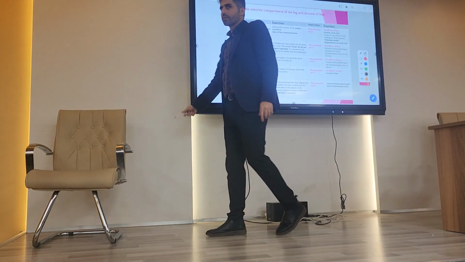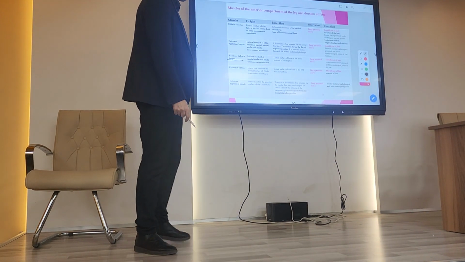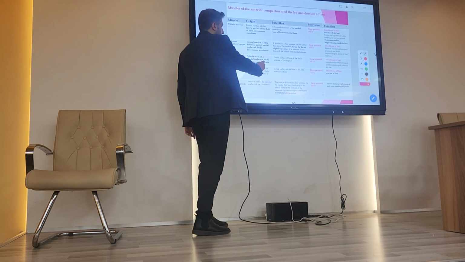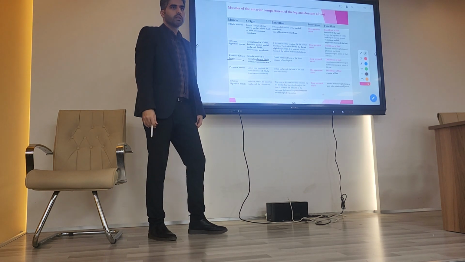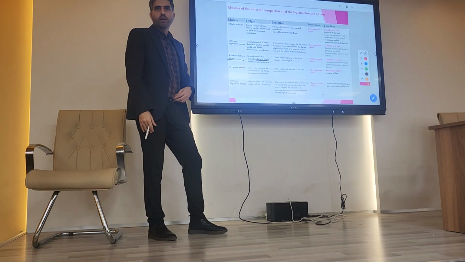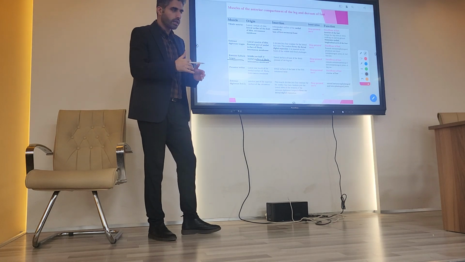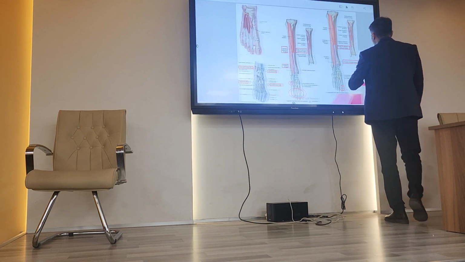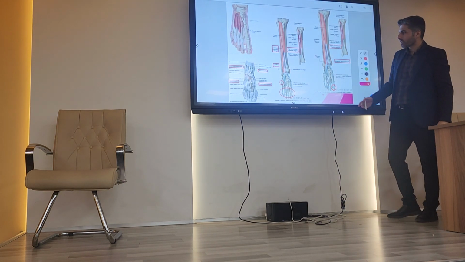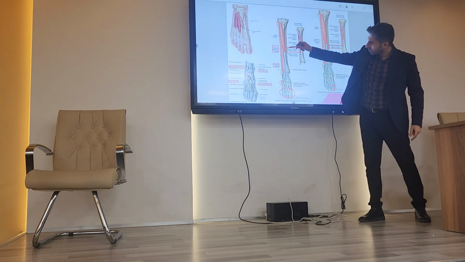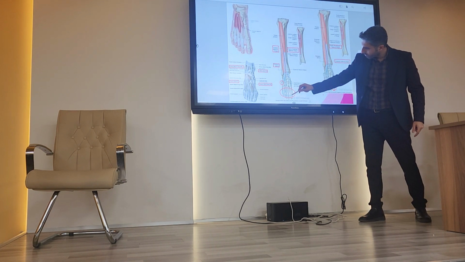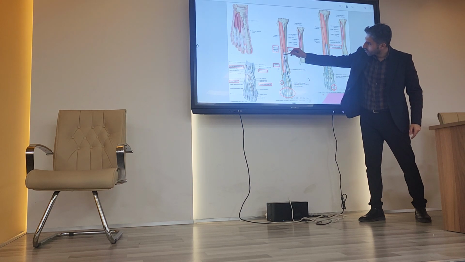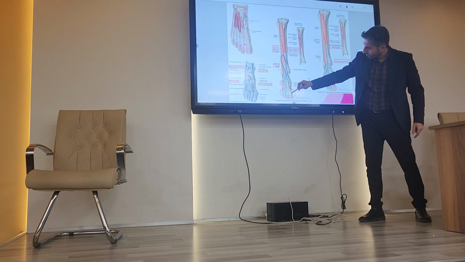Next, extensor hallucis longus. It starts from the fibula and interosseous membrane, the middle one half of the fibula, and attaches to the distal phalanx of the great toe. Look at this muscle, extensor hallucis longus. It's here.